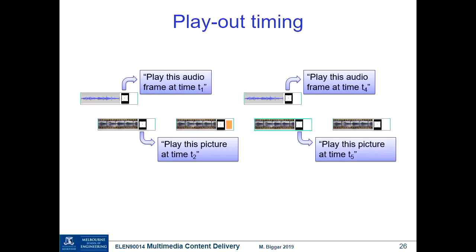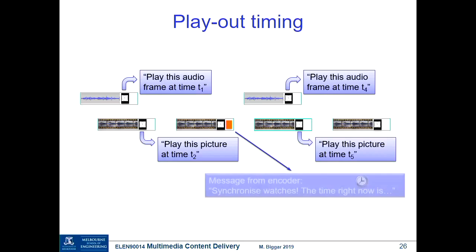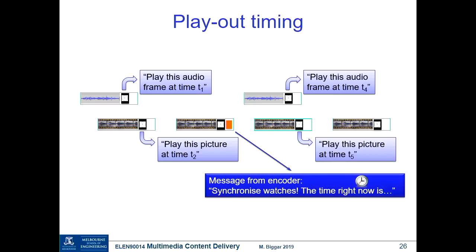But also every now and again we have these clock reference signals, which is essentially saying, synchronize watches. The time right now at the encoder is this. Okay. And the terminology is that the timestamps are the ones that tell the decoder when to render and display, and the clock reference is the one that tells it what the time is.